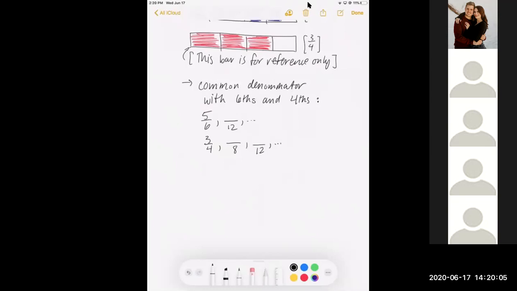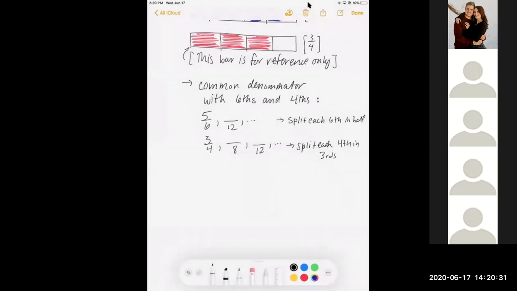We're going to split each 6th in half, and we're going to split each fourth into thirds. Okay, so that's how we're going to do that.